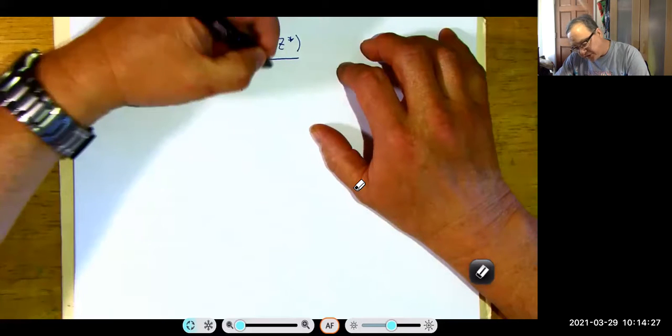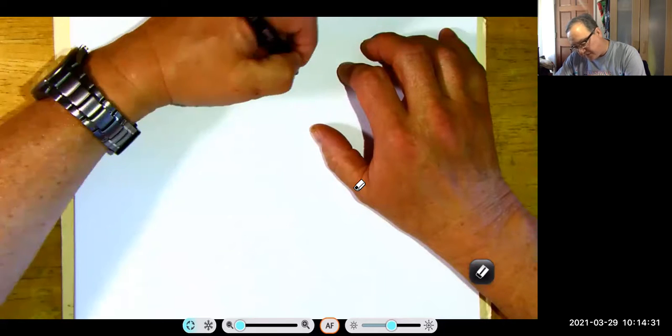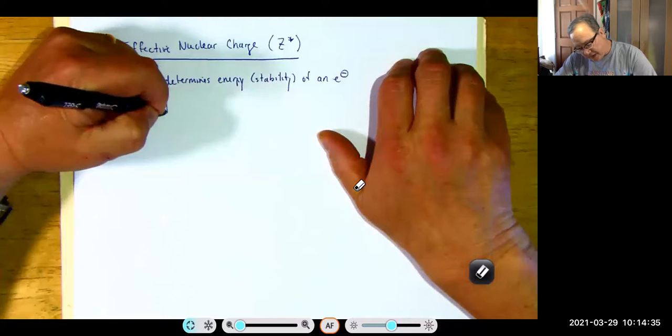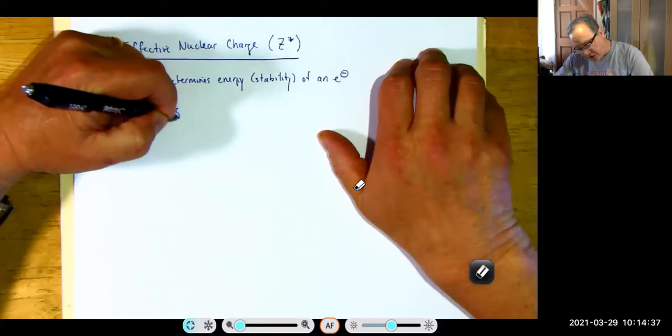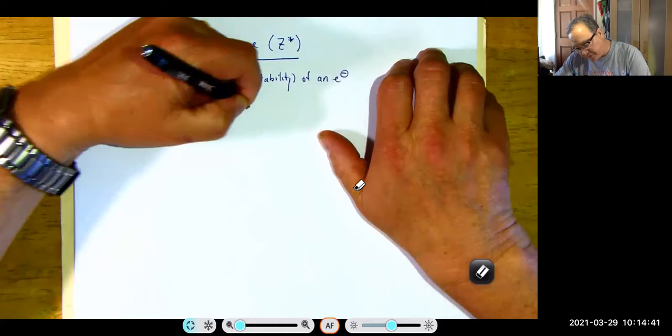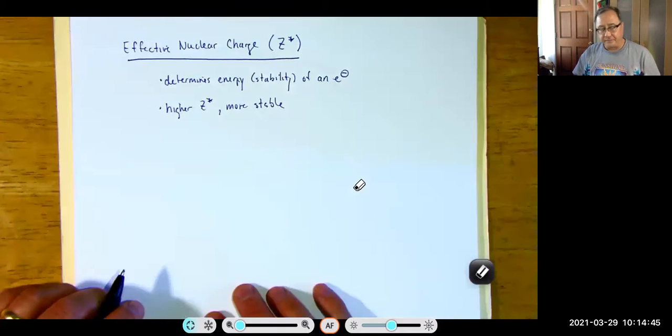And when I say energy, I'm talking about the stability of an electron. Basically, the higher the Z star, the more stable. Okay?